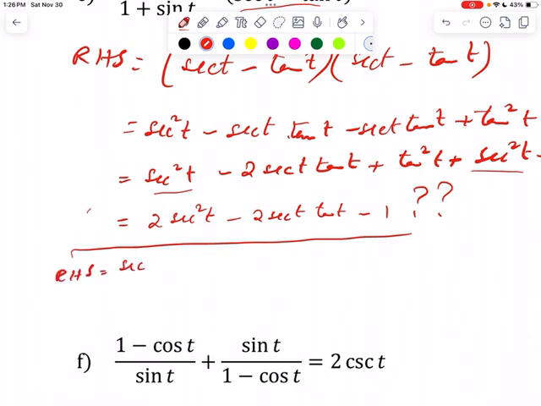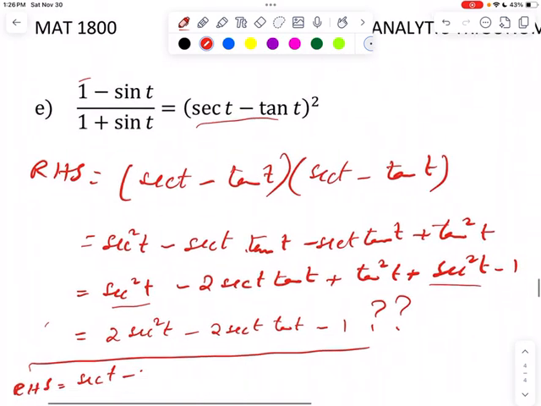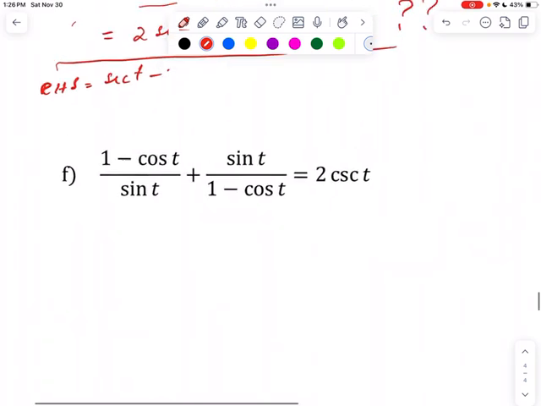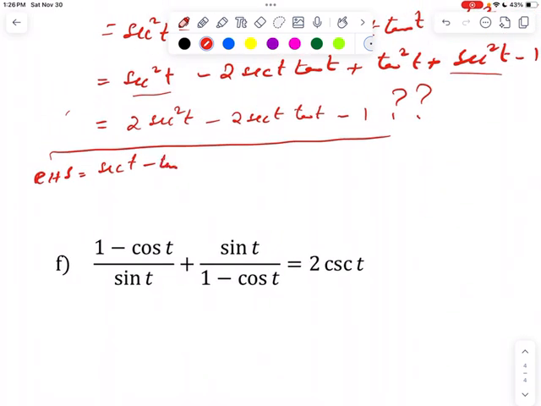Rewrite my secant of t. So this is secant of t minus tangent of t whole squared. So I'll write it like 1 over cosine t minus sine t over cosine t whole squared.